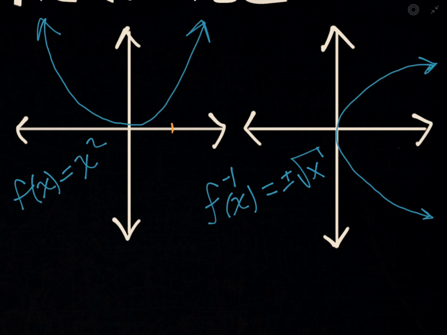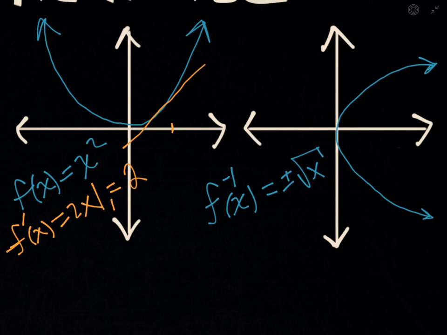So here I can say, the derivative of f at x equals 2x, just basic derivative rules. So the derivative at 1 equals, well, 2. And then I can say the derivative here, we'll deal with that in a second. So this is the slope right there. Okay, and I want to know what that's going to be here.